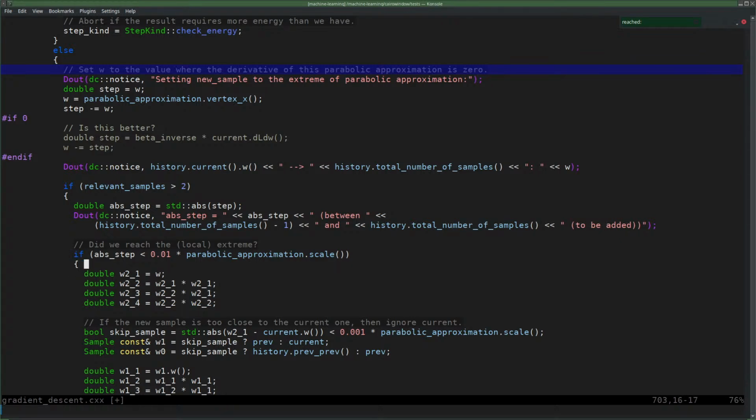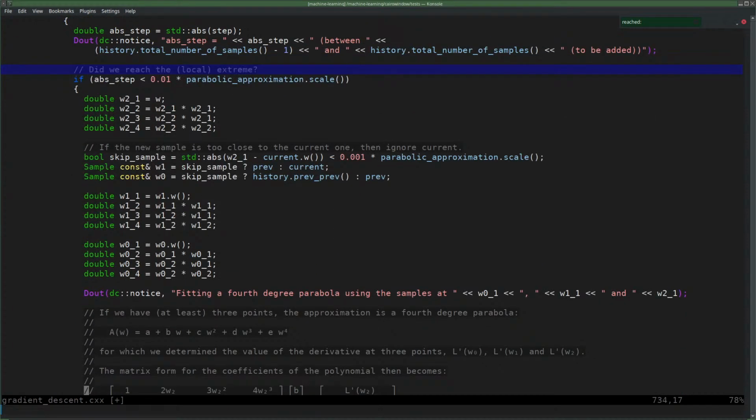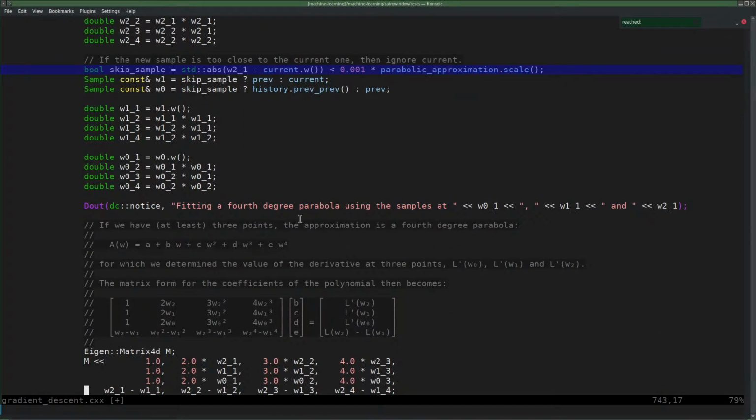And as a result, well, super small, I don't know, 1% of the current scale, whatever that is. And then I fit a 4th degree parabola. 4th degree parabola. I'm slowly losing my sanity here. Polynomial.